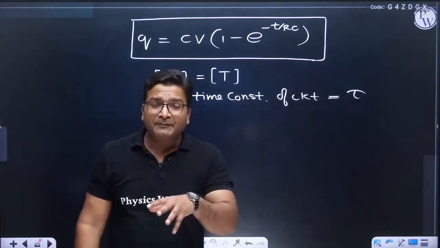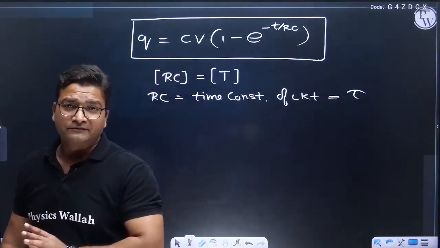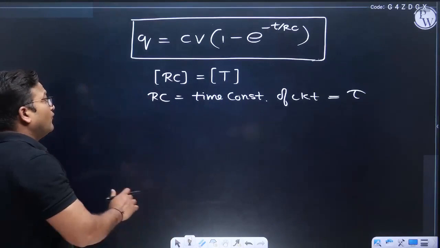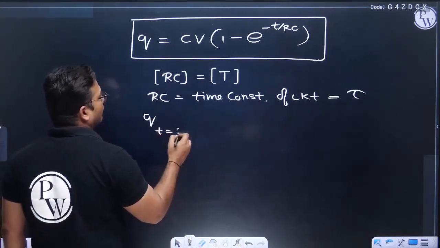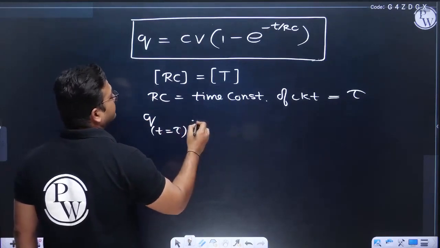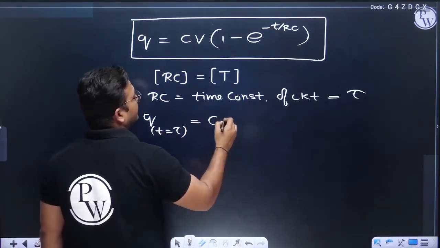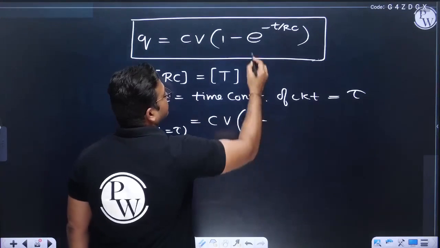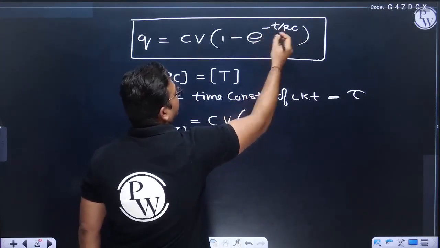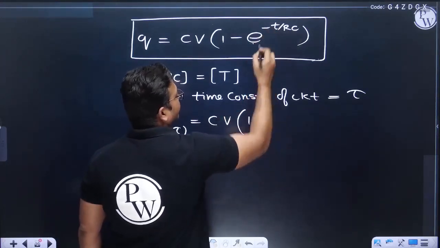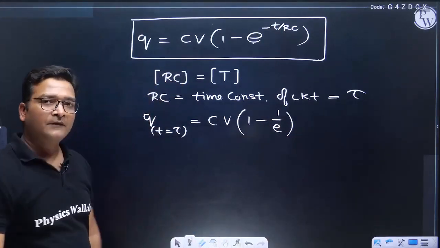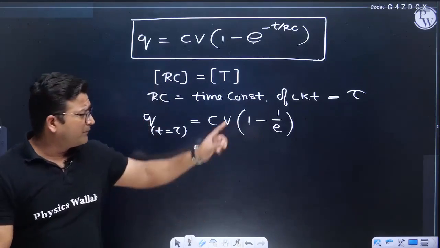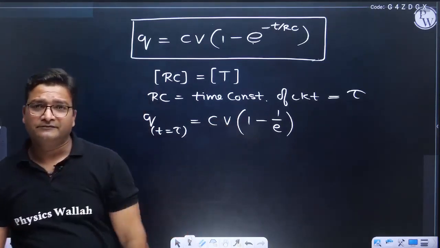Let us see what happens after one time constant. If I put time as one time constant, meaning RC, in this equation, I'll have CV times 1 minus e to the power minus RC by RC, that is e to the power minus 1, which is 1 upon e. Always remember, 1 upon e is 0.37.